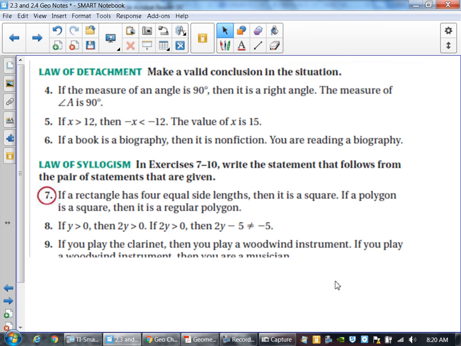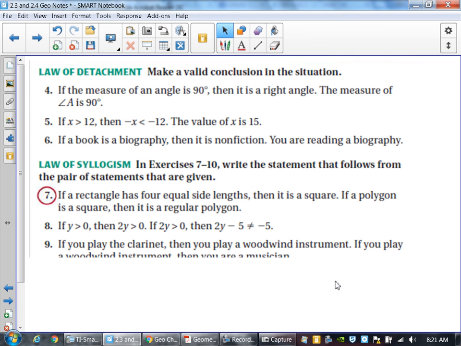If the measure of an angle is 90 degrees, then it is a right angle. The measure of angle A is 90 degrees. So what can you say? Angle A is a right angle. That's all it means. Okay. That's what you're looking at.